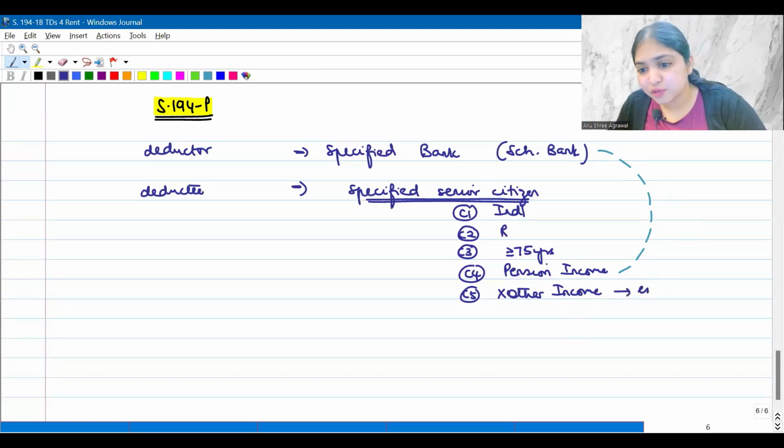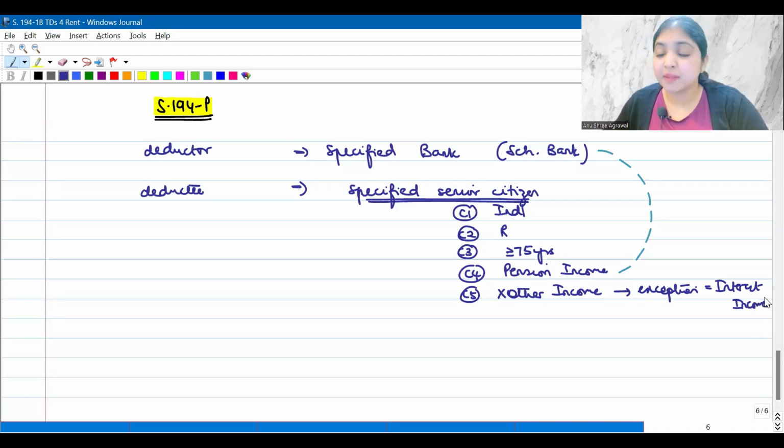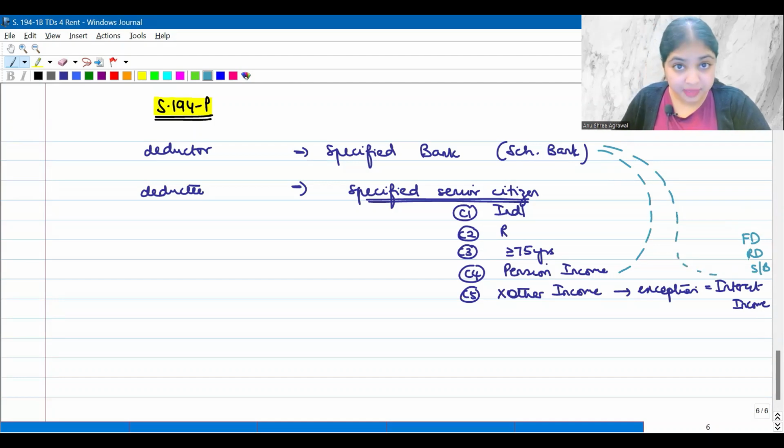There's only one exception to this rule: the maximum he can have is interest income. What kind of interest income? Bank interest income. It can be either FD interest income, RD interest income, or even savings account interest income. But this interest income also has to be from the same bank only.